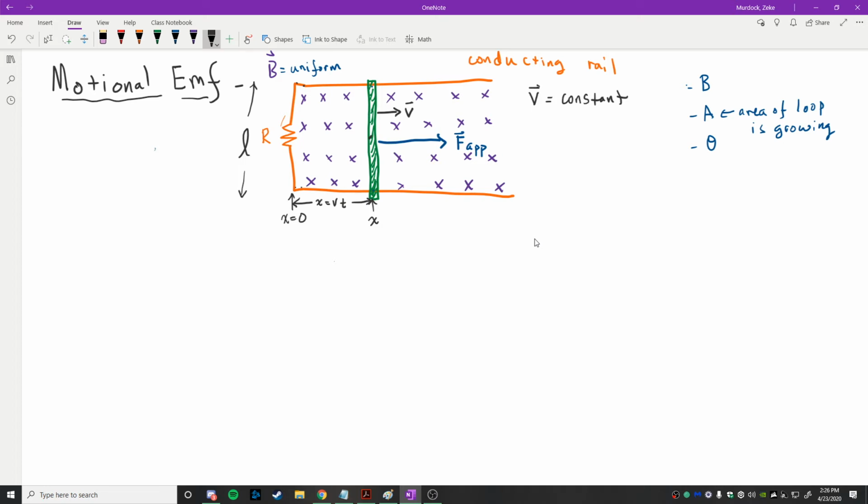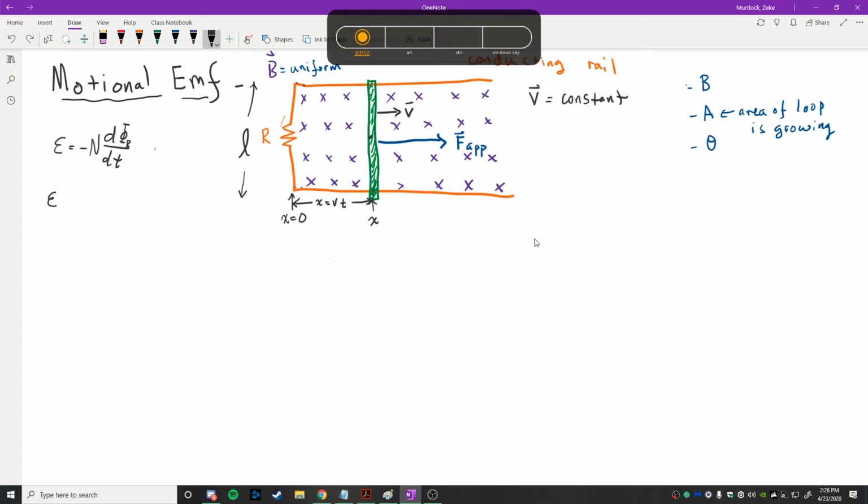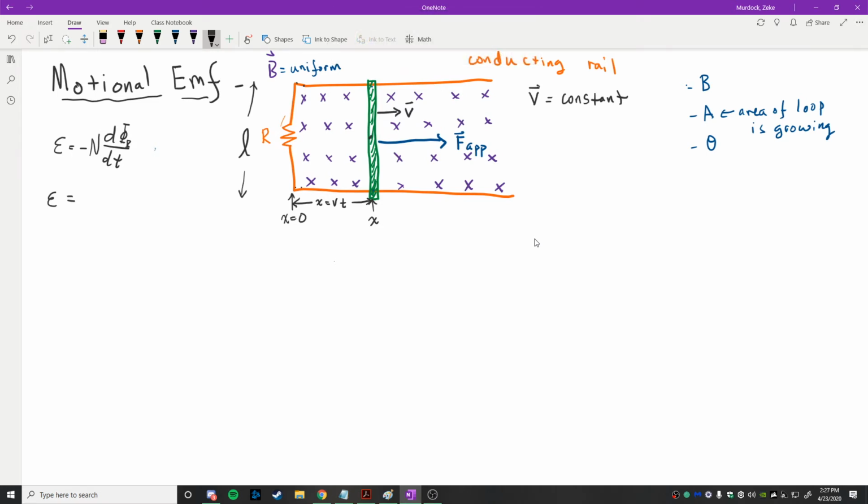Now let's call the length of this rod L, and let's apply Faraday's law. You know Faraday never used any math, and yet he has this equation named after him? Okay. The EMF that's induced in this coil is going to be equal to N. We'll say N is going to be 1, just one loop here, okay?